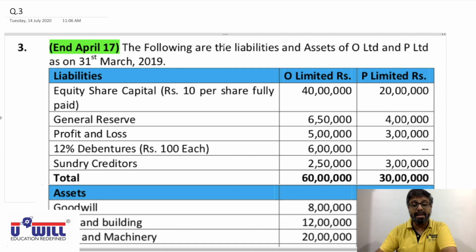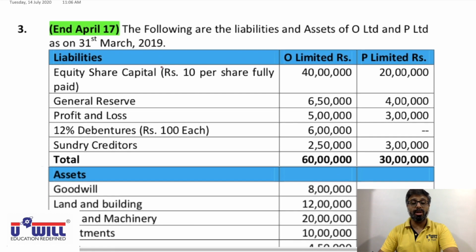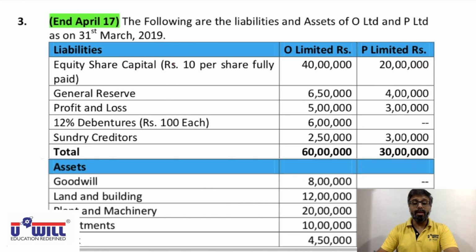The following are the assets and liabilities of O Limited and P Limited as on 31st March 2019. Equity share capital of rupees 10 per share fully paid up, 40 lakhs. So 40 lakhs divided by 10, there would be 4 lakh equity shares of O Limited, and in the same way 20 lakhs divided by 10, there would be 2 lakh equity shares of P Limited.